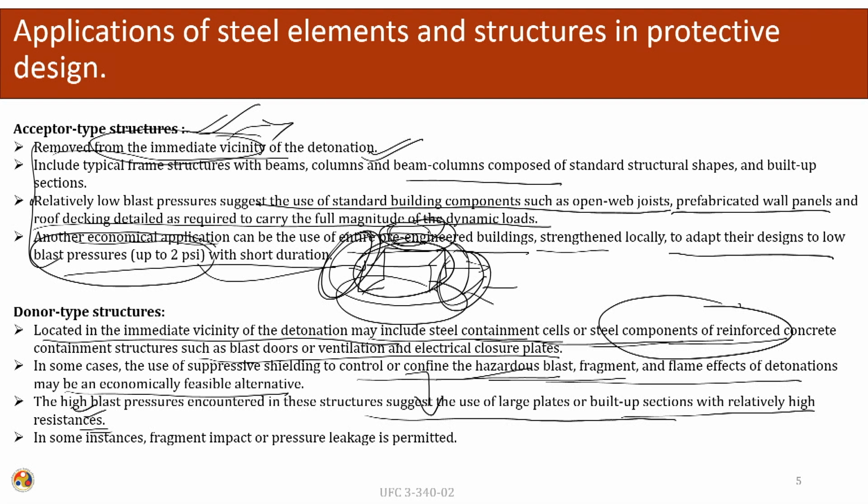And in some instances, fragment impact or pressure leakage is permitted. So, depending upon the usage of the structure, the fragmentation impact or pressure leakage might or might not be permitted. So, basically the acceptor type of structures are used to resist the low type of blast loading. The donor type of structures are made to resist the high intensity of blast loading.